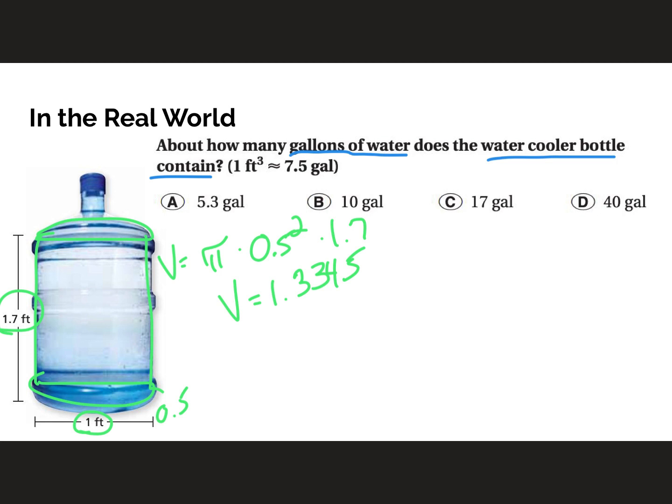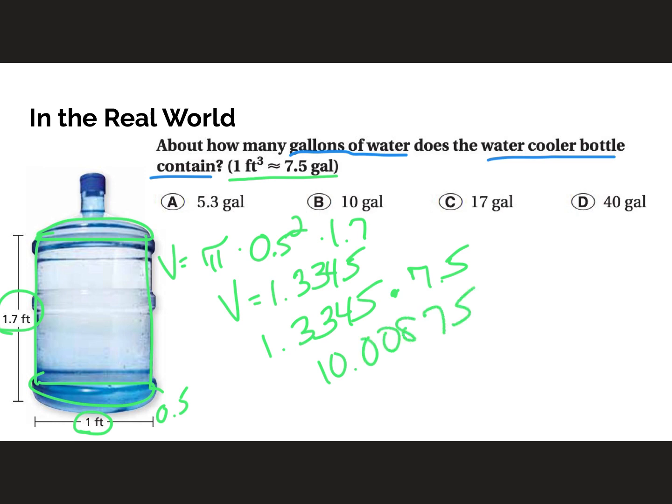But they're not asking me about the volume. They're asking me about how much water it contains. So it told me here 1 cubic foot is 7.5 gallons. So we're going to now multiply this times 7.5. So I got 1.3345 times 7.5. And when I put that in, I find out that it is about 10.00875. So the closest answer here is about 10 gallons.